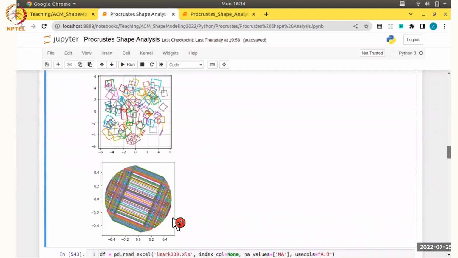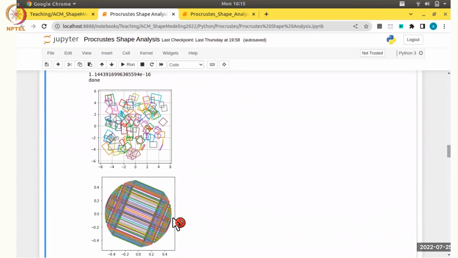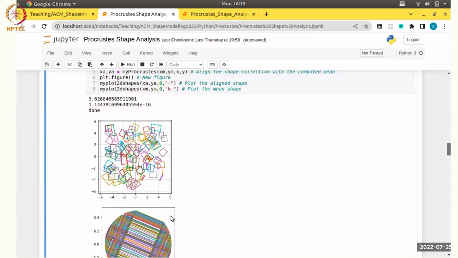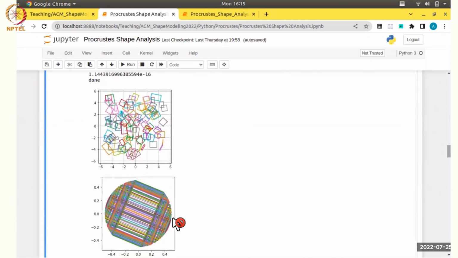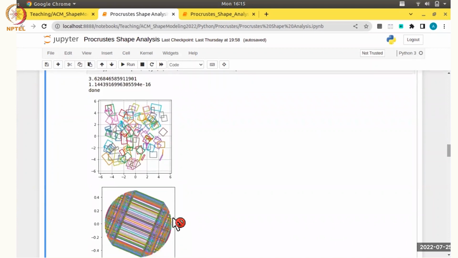This is another example. So this is roughly how you should expect the aligned shape.